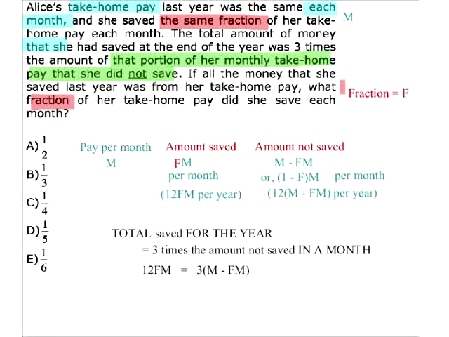That means we need to solve for F. So we can cancel M. We can do 12FM equals 3M minus 3FM. That means that 12F equals 3 minus 3F. So we can add 3F to both sides, and that's 15F equals 3. And so F is 3 over 15, which is 1/5.